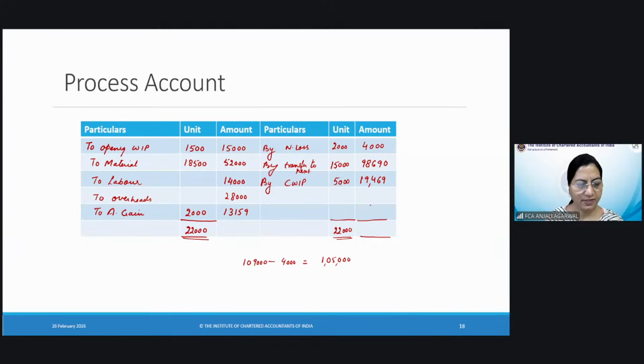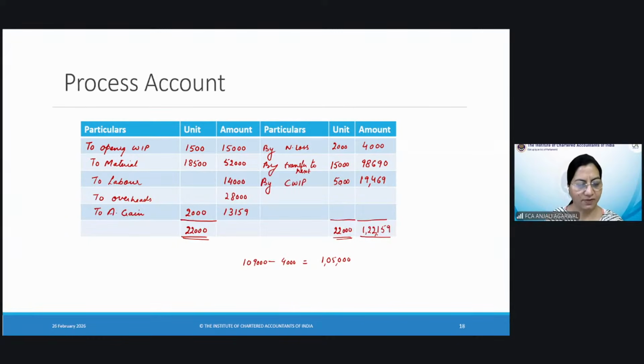So on the credit side, you have 4,000 plus 98,690 plus 19,469, which is 1,22,159.